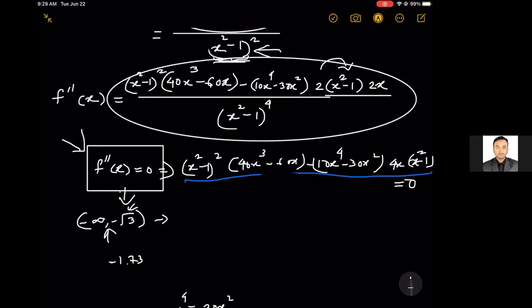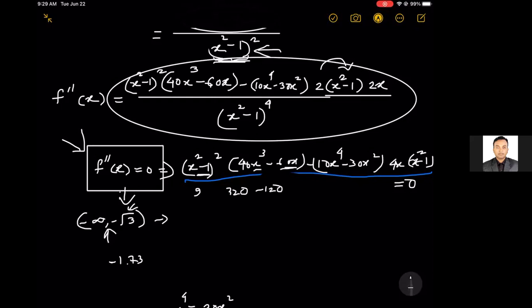So let's try that. -2, if I pick it from this interval, it would be 4 minus 1 here, and squared will be 9, and this would be 40 times 8 and 60 times 2. So what's 40 times 8? 320. And 60 times 2 is 120.